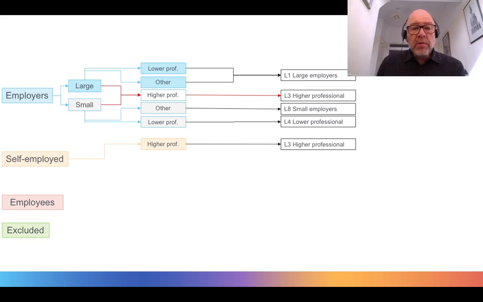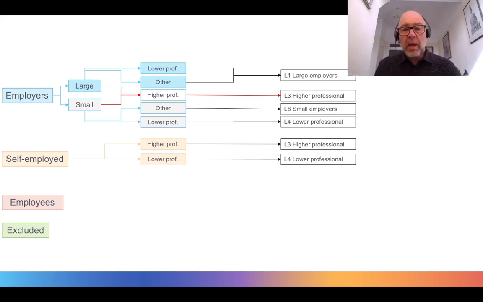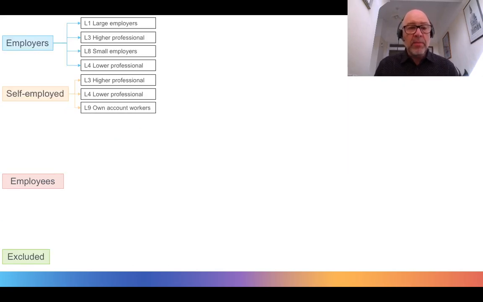If we move on to the self-employed or own account workers, as we said, professionals are professionals, so higher professionals stay that way, lower professionals stay that way, and everybody else who's self-employed goes to L9, which is own account workers. Now I'm just going to shuffle this slide around to give me a bit more space to deal with employees.